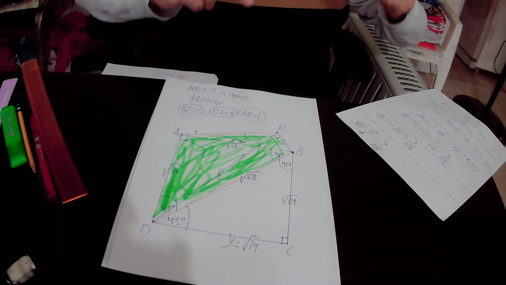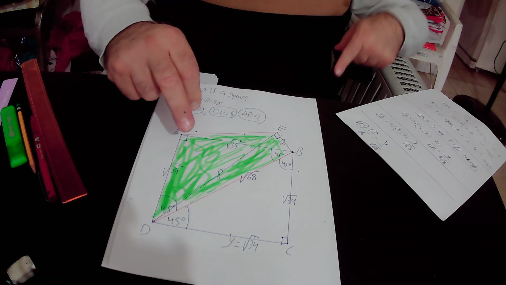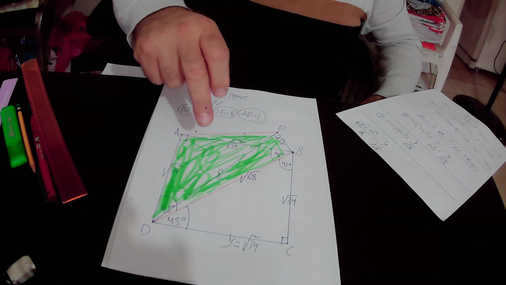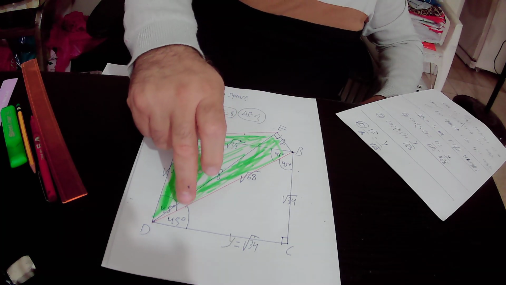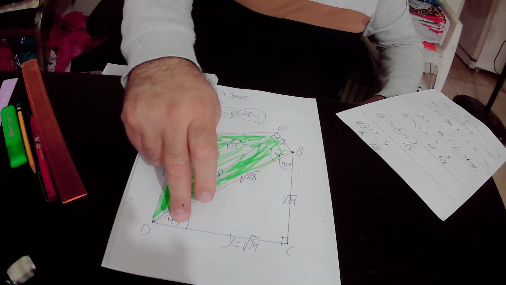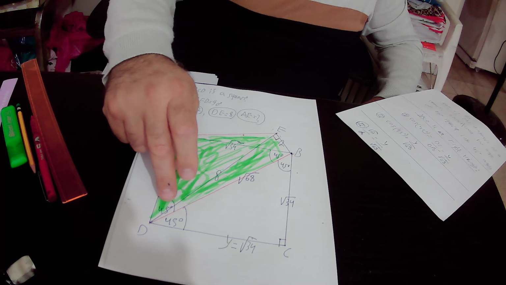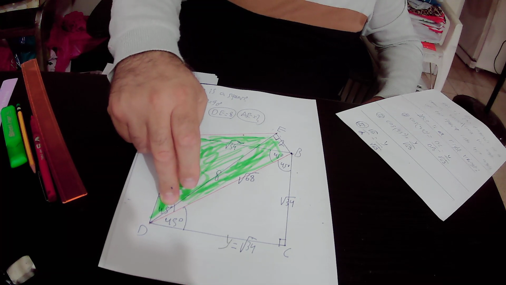According to rule number 1, the diagonal BD bisects the angles of the square, that is to say, angle BDC will be equal to 45 degrees and angle ADB will also be equal to 45 degrees.